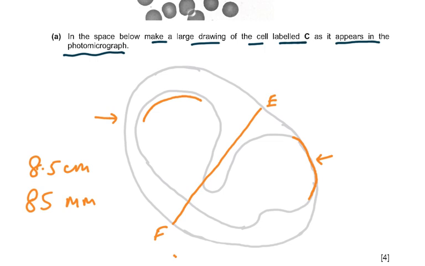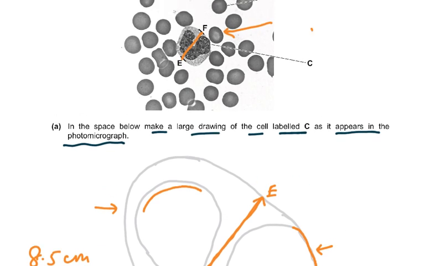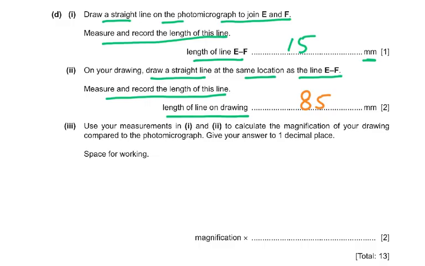This line is 8.5 centimeters or 85 millimeters. The line E to F on the photomicrograph was 15 millimeters, and here it is 85 millimeters. For part 2, the 2 marks are for the line drawn in the correct position and measurement.